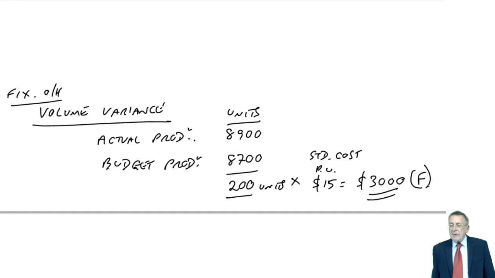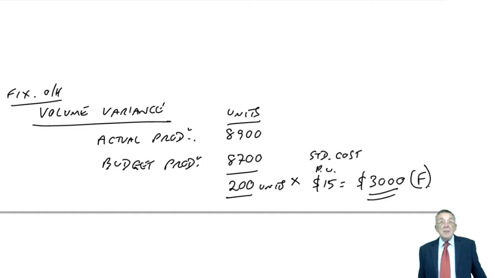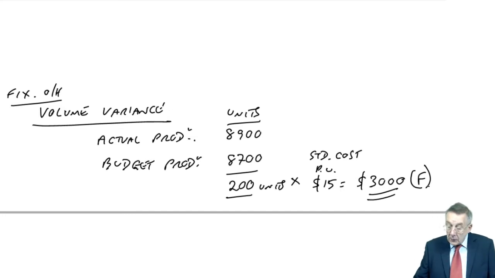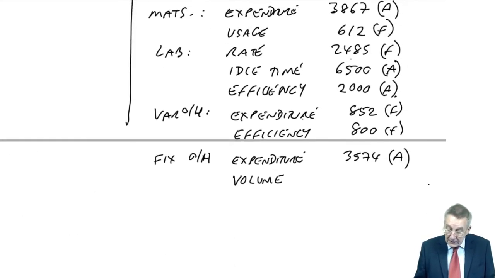I'm not sure I can always think that through in the middle of an exam, so what I say, and it always works, I just say if we manage to produce more, that's good. If we produce less, it's bad. It's up to you. Anyway, we produce more. Good, it's favourable. So the volume variance 3000.